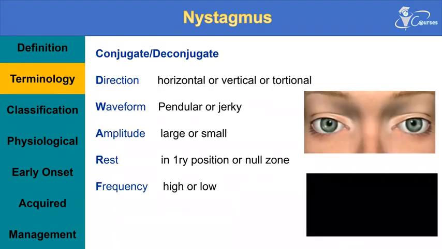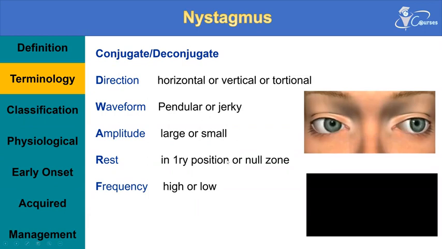So regarding the terminology, we have different terms used to describe nystagmus. The first term is conjugate or disconjugate. What is meant by conjugate or disconjugate? If both eyes have nystagmus with the same criteria, same direction, same waveform, same amplitude, same frequency, both beating at the same speed, everything similar, then we call it conjugate, like this.